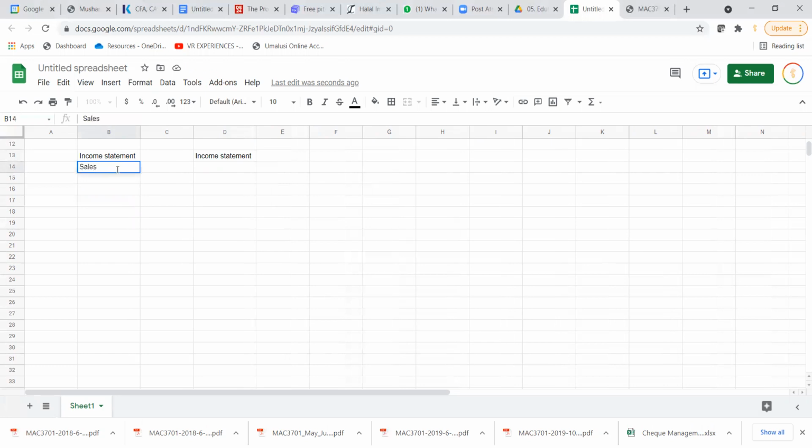But in the variable costing income statement, we want total variable costs. Over here, we want cost of sales. So what happens?